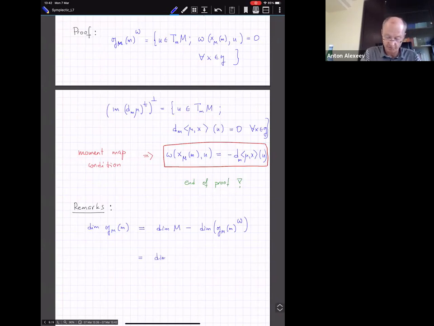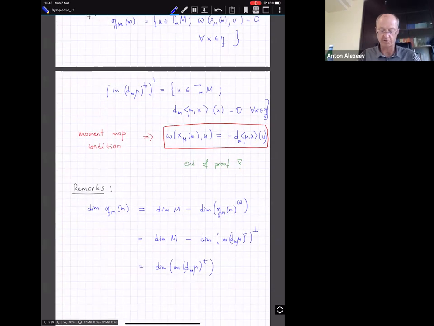And this is equal to the dimension of M minus now the dimension of the image, right? The image that we had, mu transpose orthogonal. But of course, now this is equal to the dimension of the image of d_m mu. So this is just by linear algebra, right?